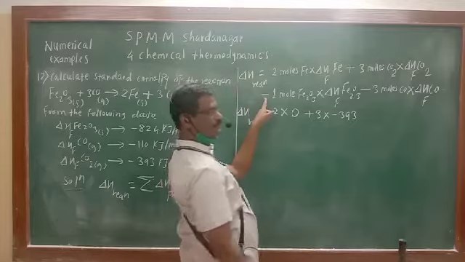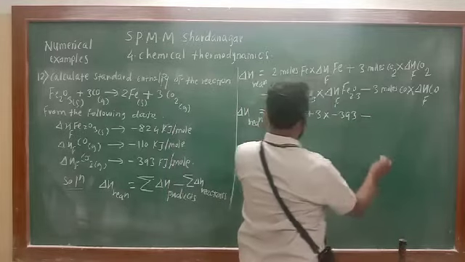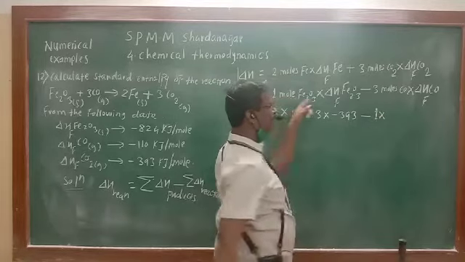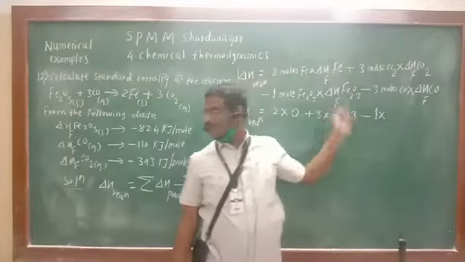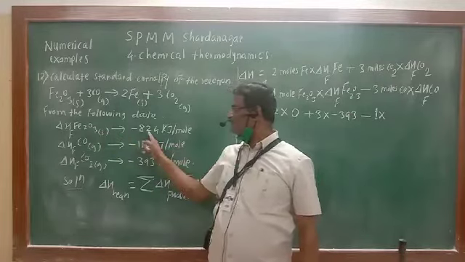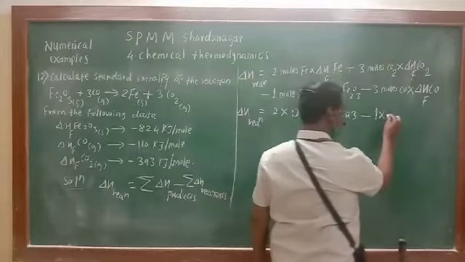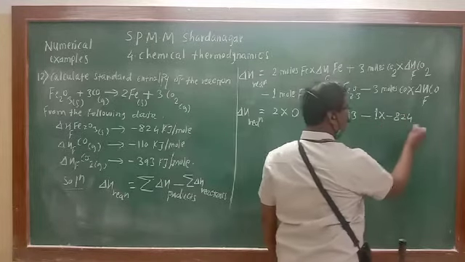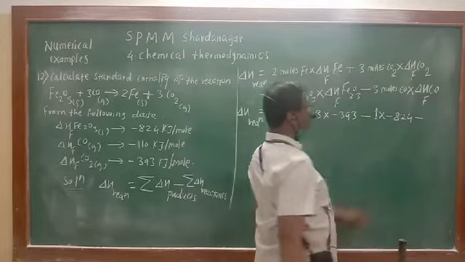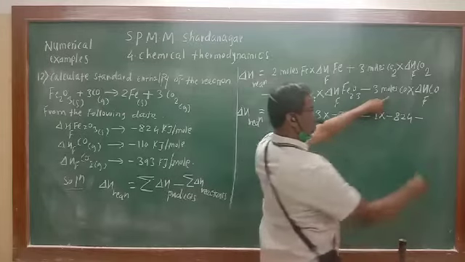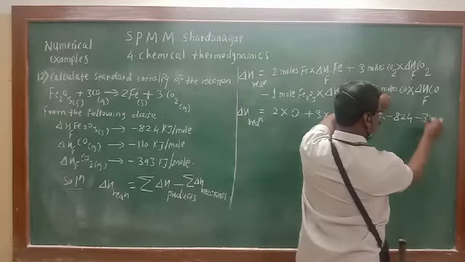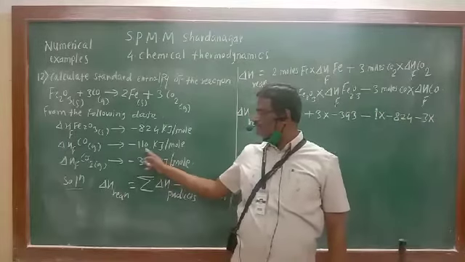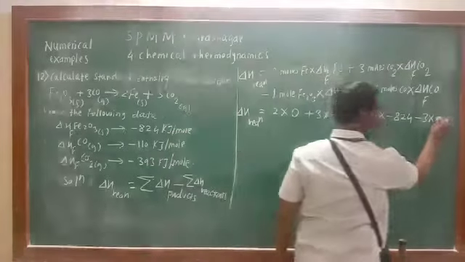Then minus 1 mole of Fe2O3 means 1 multiplied by enthalpy of formation of Fe2O3. Enthalpy of formation of Fe2O3 is minus 824. Again minus, what is it? 3 moles of CO means 3 multiplied by enthalpy of formation of carbon monoxide, minus 110.